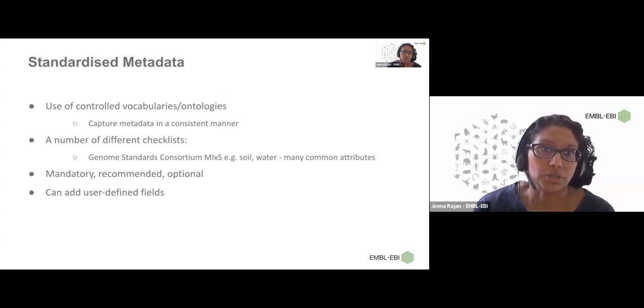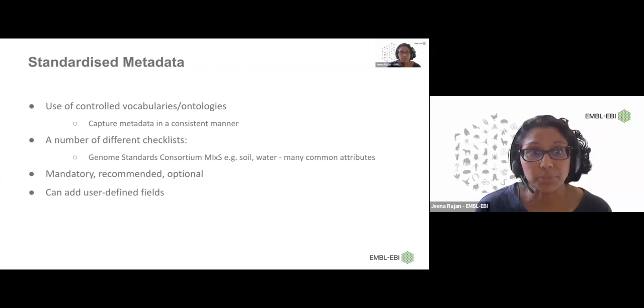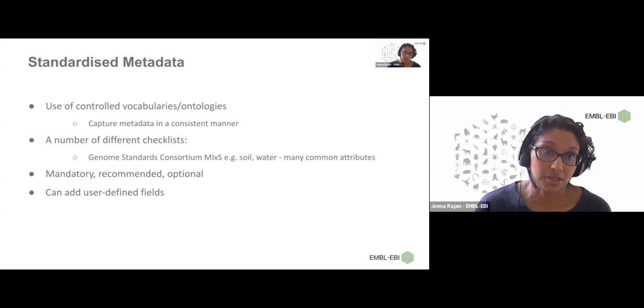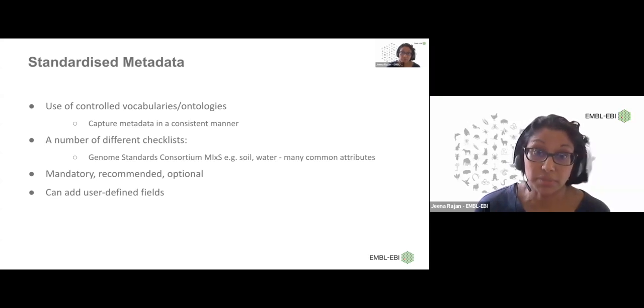So it's really important to standardize our metadata, and we can do this by the use of controlled vocabularies and ontologies. This ensures the capture of metadata in a consistent manner. So BioSamples offers a number of different checklists. Some of these are from the Genome Standards Consortium, MIXS. MIXS stands for Minimum Information About Any Sequence.